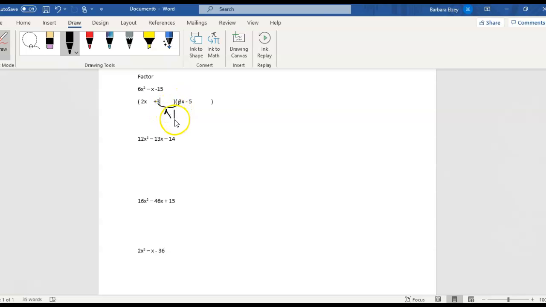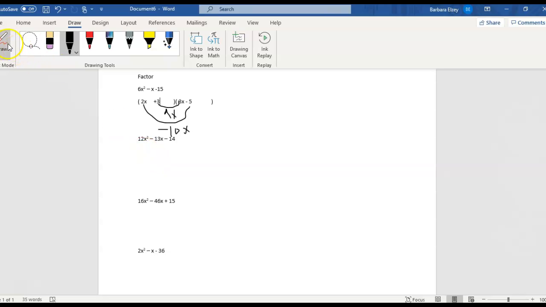And then 2x times negative 5 is negative 10x. Now 9x added to negative 10x gives us negative x. This was the right choice. So we have this factored: 2x plus 3 and 3x minus 5.